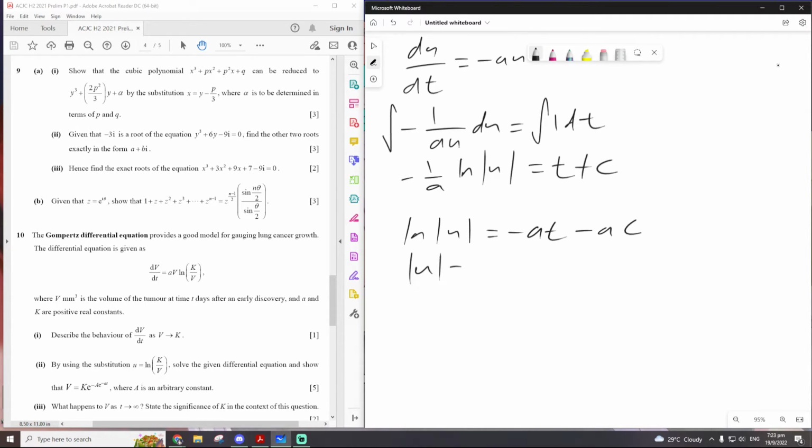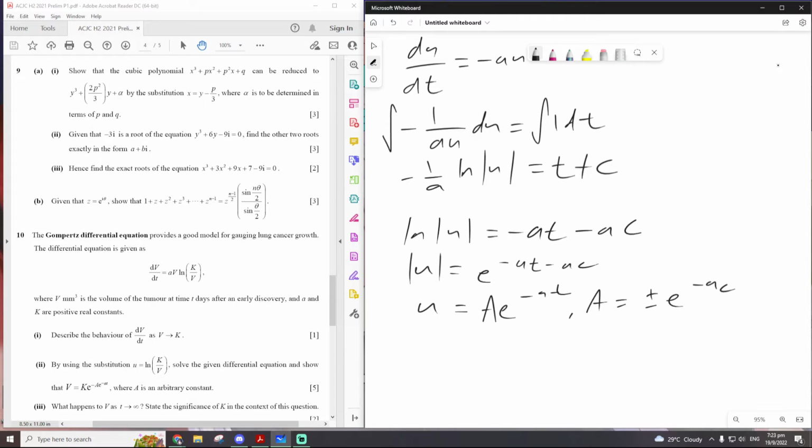Mod u equals e to the minus at minus ac. u itself is going to be A e to the minus at, where A equals plus minus e to the negative ac. Okay, because I'm going to get rid of the mod by doing that.